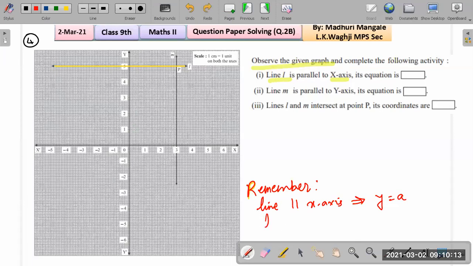And secondly, what about the line which is parallel to the y-axis? That will be of the form x equals a, where a is the point of intersection of that line with the x-axis. Okay, this is easy. If the line is parallel to the x-axis, the equation will be y equals a. If the line is parallel to the y-axis, the equation will be of the form x equals a. This is something very important. Okay, so remember this.